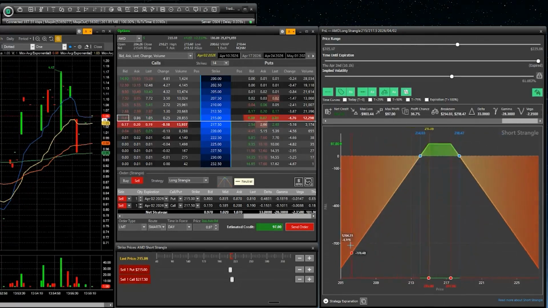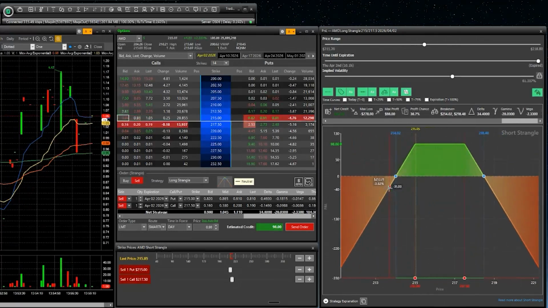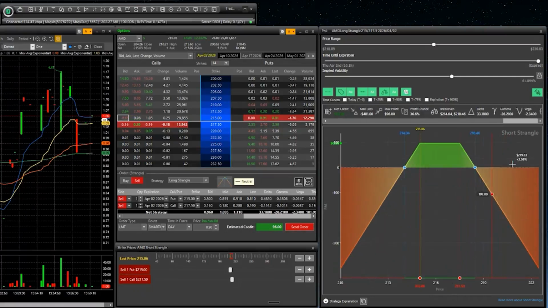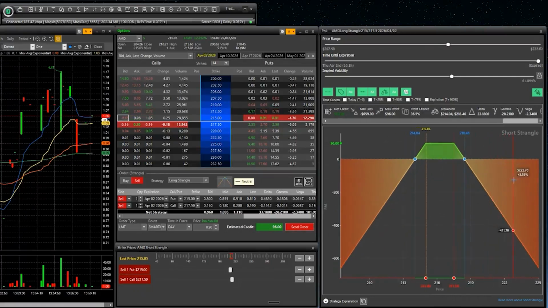And it's an unlimited potential loss. So you'd need to exit before it gets too bad. If the price of the underlying goes above 218, over here, you see, again, a similar story, unlimited loss.